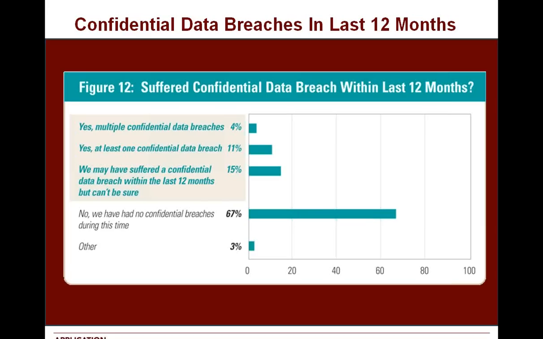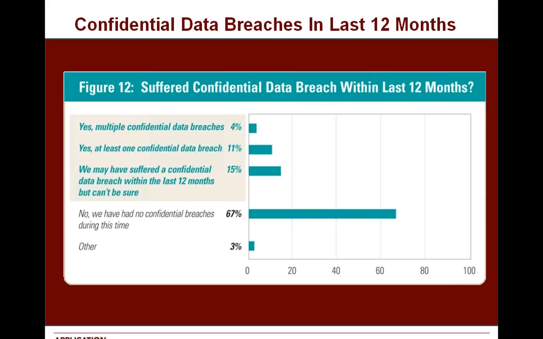Now, we move on to the next slide. We asked about actual incidents that may have happened among our respondents' companies. You know, what kind of events have occurred in the past year to their companies. And about 30% say that their companies either definitely or may have suffered at least one confidential data breach.